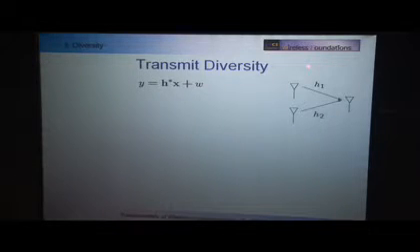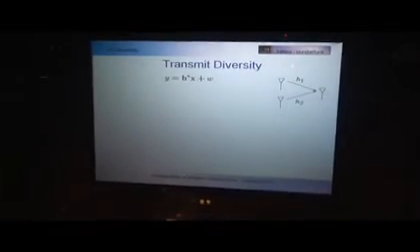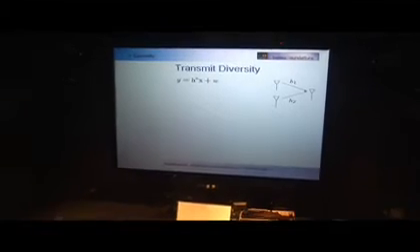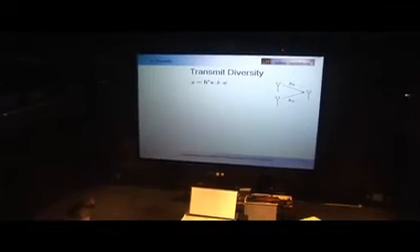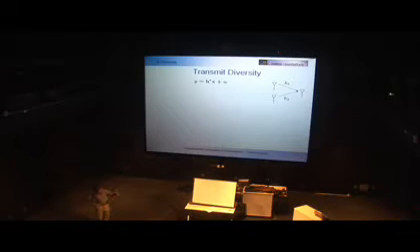Okay, so the reverse problem is the transmit diversity. This is interesting. If you think about cellular application, then often your base station is pretty sizable. Your base station may have multiple transmit antennas, and you're interested in sending information downlink from the base station to the mobiles. The mobile may be a simple device, only one antenna. Then you have this situation where you have two transmit antennas sending to one receive antenna.